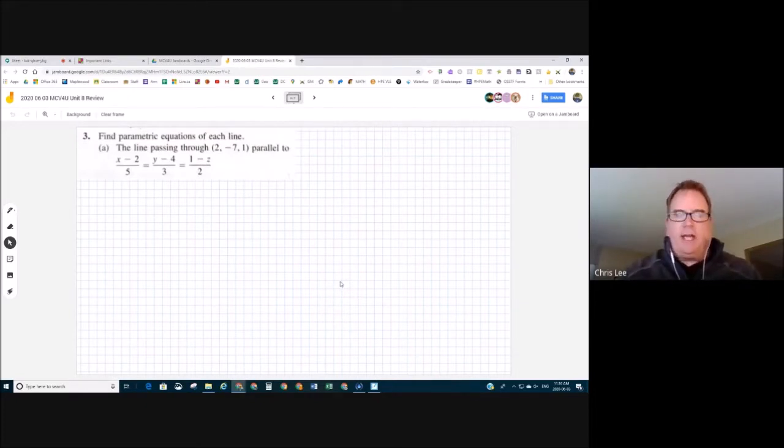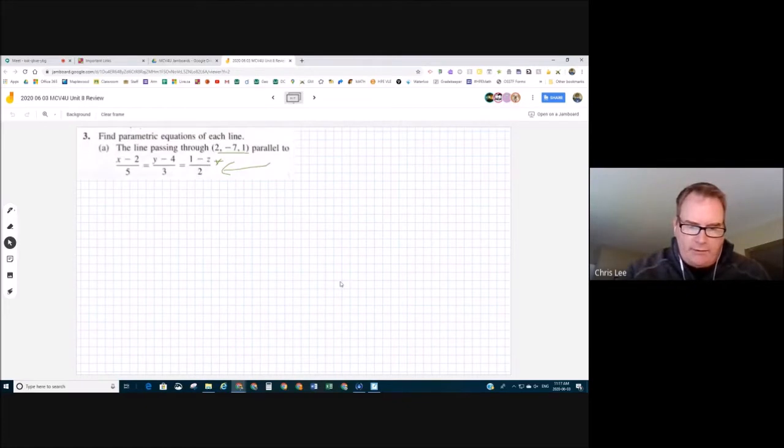The big thing is, again, we need a point and a direction vector. This one's already got a point, and so we just need the direction vector from this guy. But you see right here that it's not in the useful form because the z is negative, and it's written second. So we have to convert this symmetric version of the line into the useful version.